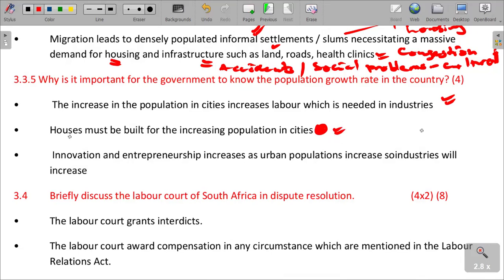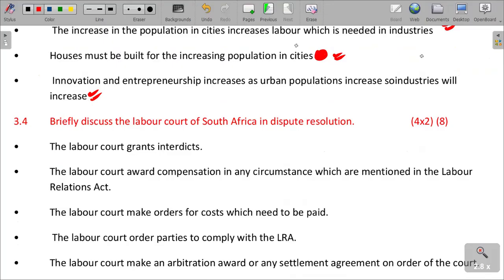We are talking about planning, innovation and entrepreneurship increases as the urban population increases, so industries will also increase. We are talking about understanding the basic trends in terms of industrialization. That is also good. So it is all about the planning functions that the government must take into account.